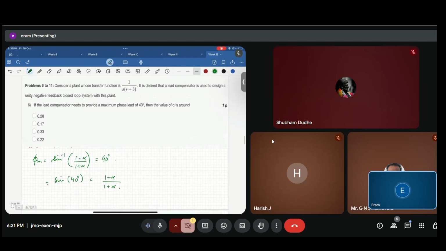So how much is sine 40? 0.642. So using simple mathematics you can calculate alpha by doing LHS and RHS thing.